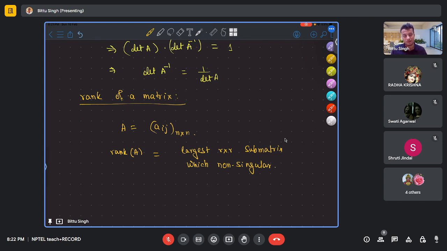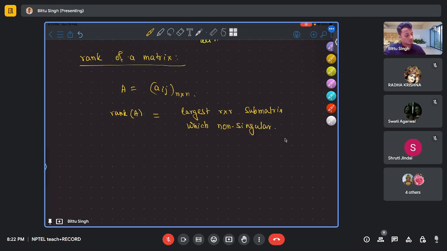This is the definition of the rank of a matrix. And the interesting thing is that this rank is the same as row rank.